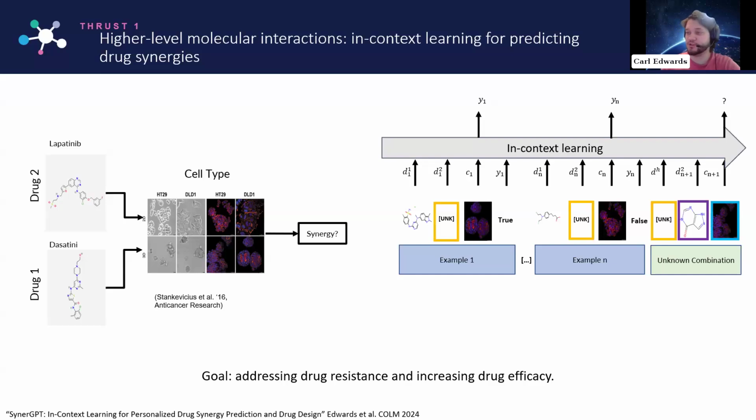Of course, the goal there is to help address drug resistance and increase drug efficacy. We want to be able to do this in-context prediction using very limited data, for example, if you biopsy a patient tumor and are able to construct a data set of maybe 10 to 20, or you come up with a new drug and you can only do a few experiments in the lab.